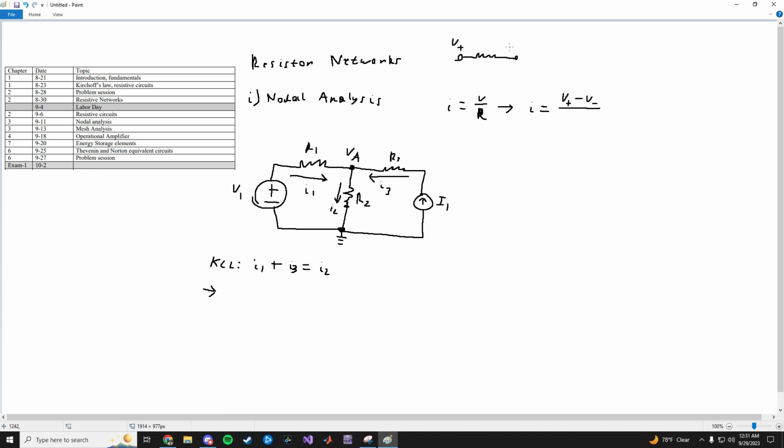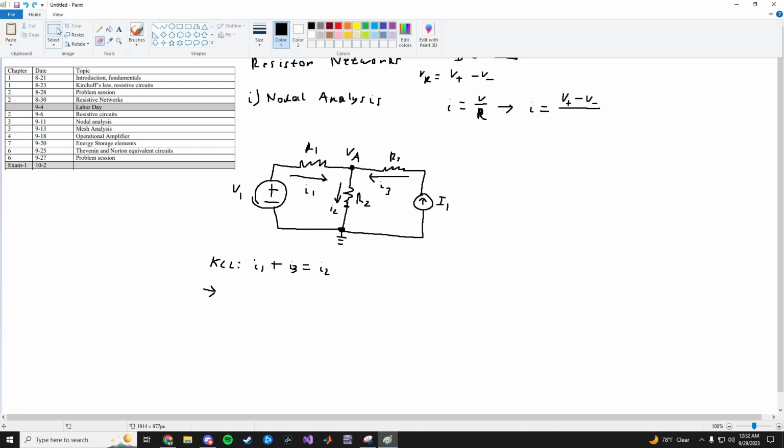I'll call this part the high side voltage and this part the low side voltage. The voltage across this resistor is VR equals V plus minus V minus. You take the higher potential and subtract the lower potential. It's almost like an elevation. That's pretty much what voltage is.